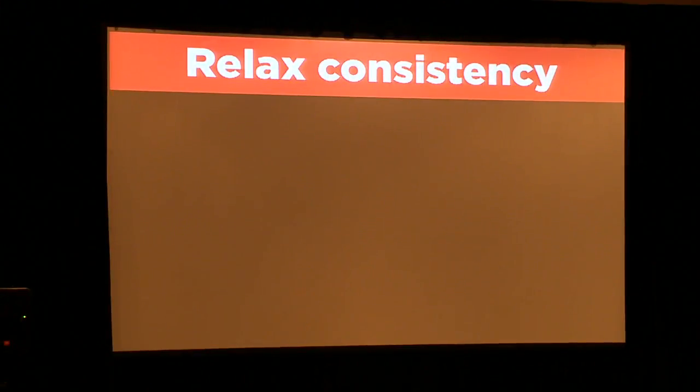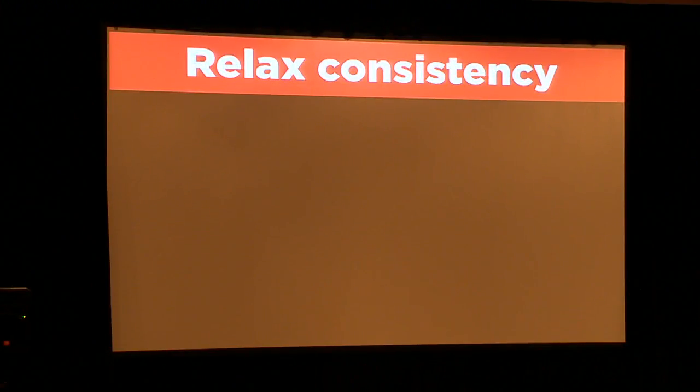Another important thing is relaxing consistency. Well, you know, the CAP theorem says that any kind of distributed computing system cannot achieve partition tolerance, consistency, and availability all three at the same time. So consistency and partition tolerance are very important, because partition tolerance lets you recover from failure without corrupting your data, and consistency is also very important because you don't want inconsistent data.